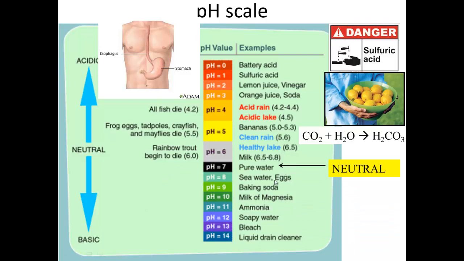Pure water is neutral. Seawater is a little basic, about a pH of 8. Baking soda is pH 9. Ammonia you might use for cleaning is pH 11. Soapy water is 12. Bleach is 13. And your liquid drain cleaner is a pH of 14.